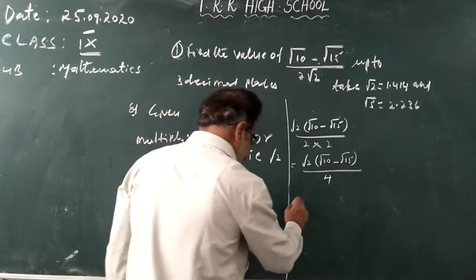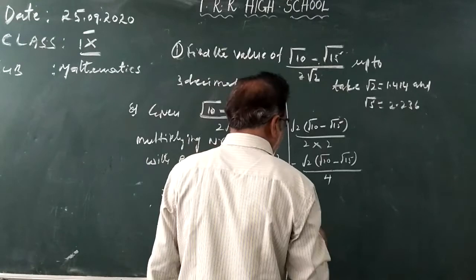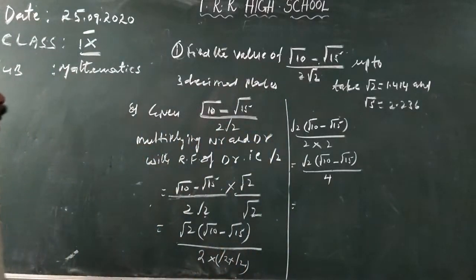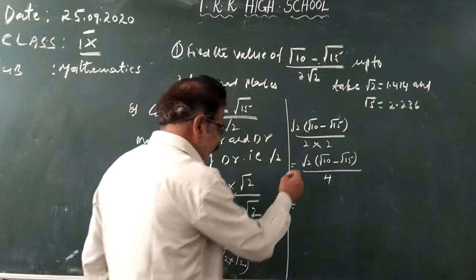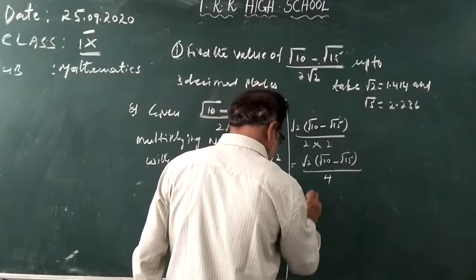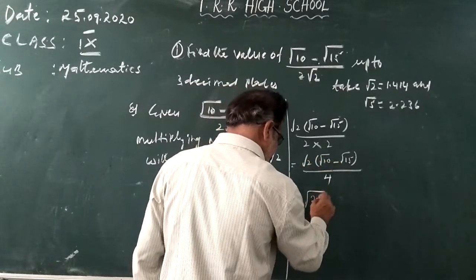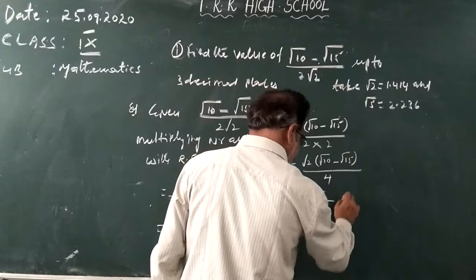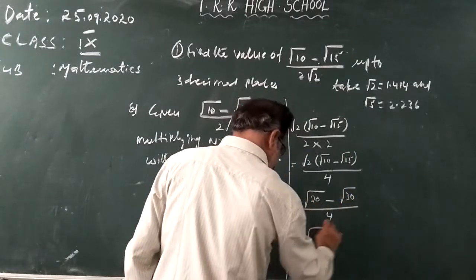Now multiply: root 2 into root 10 is root 20, minus root 2 into root 15 is root 30, by 4.